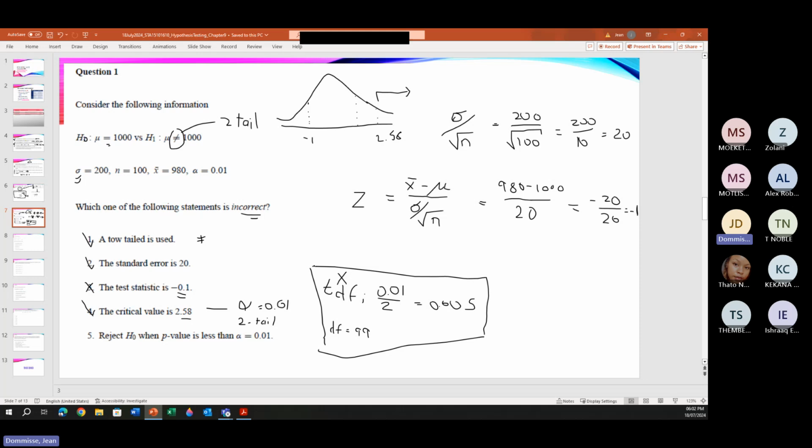So let's just quickly, so if the T-stat is smaller than your critical value, so we will actually accept.